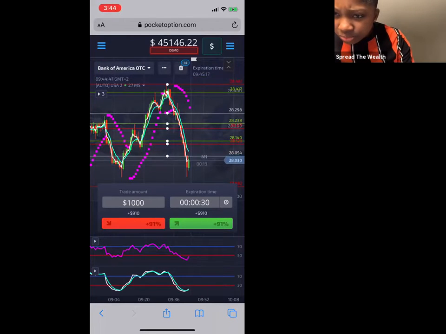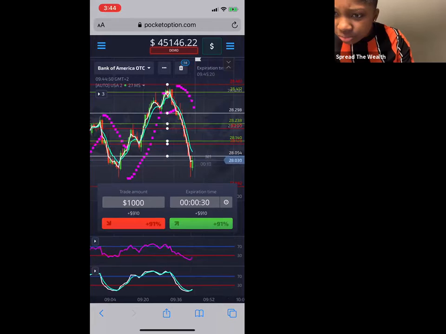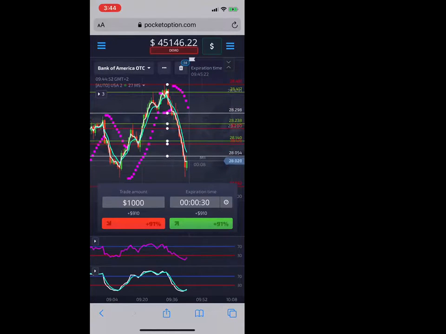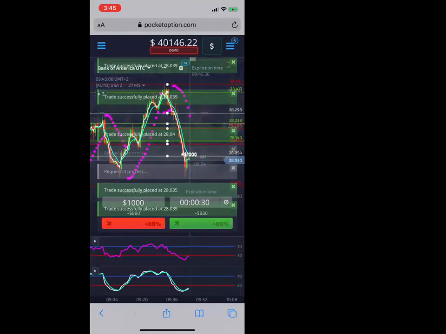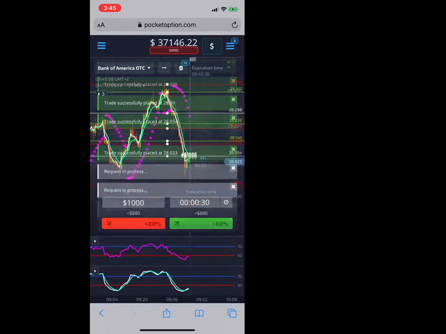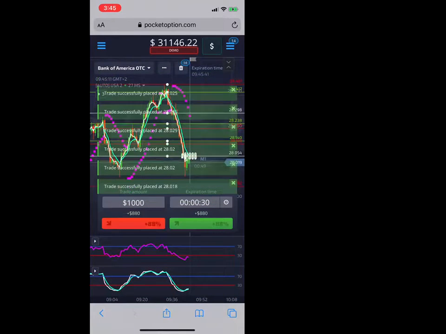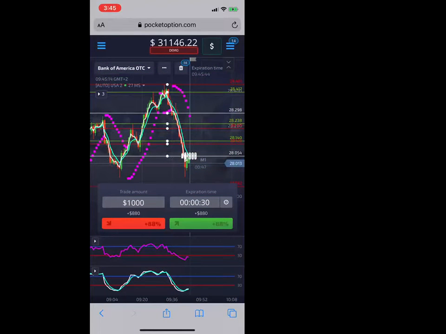Now you can come back off binary quick. You can lose quick too, but you can come back once you really identify where the market is at. This next one should be buying too. But either way, when you really think about it, I'm still good.